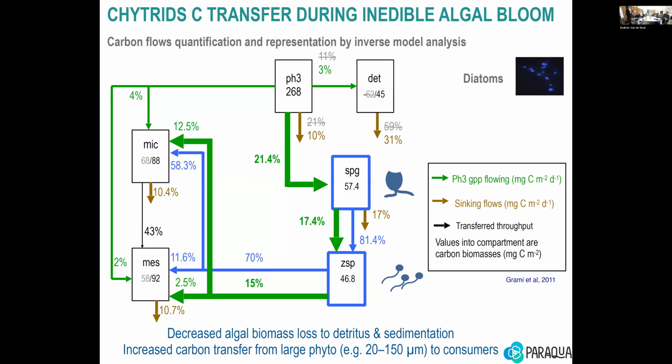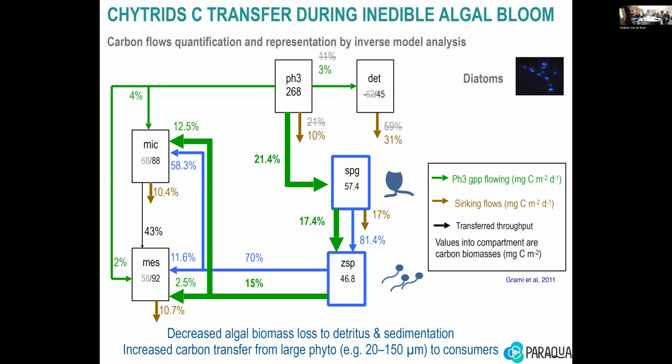Zoospores do not feed, so the loss of this contribution by respiration was minimal. We calculated that maybe only, for example, the flagella were contributing to the detritus pool, because when zoospores get eaten, they get eaten entirely. So we realized that this link can be quite effective.